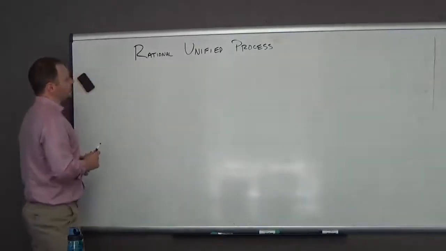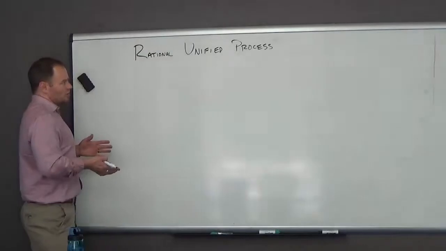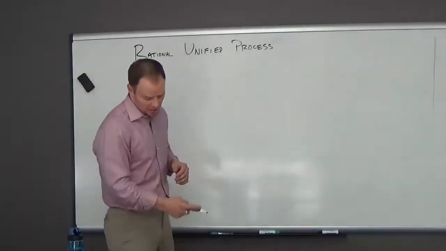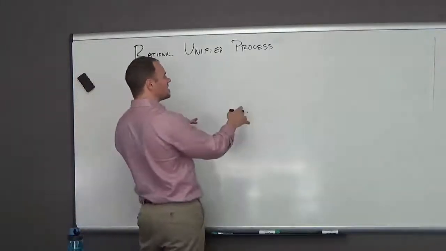And the Rational Unified Process is similar to the one we just went over, but there's less stages, sort of condensing some of the stages we saw before, and we'll see how that goes. So they have officially 4 stages.